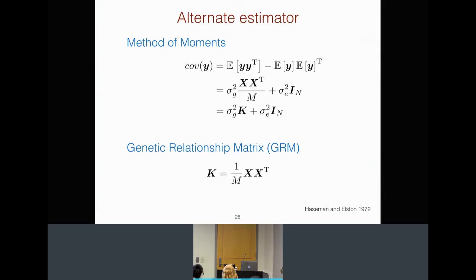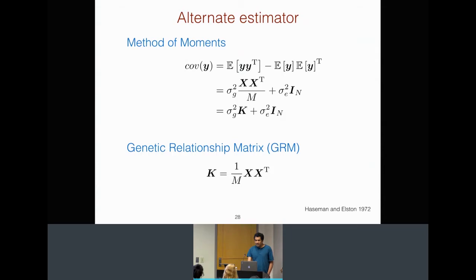The key quantity here is the matrix K. It's an n by n matrix formed from the set of genotypes, called the genetic relationship matrix. Basically, it says for every pair of individuals how closely they are related. So the goal is to get an estimator of the covariance matrix, and then choose values of sigma g and sigma e that match up with the estimator.